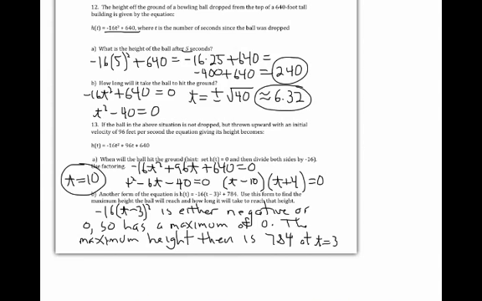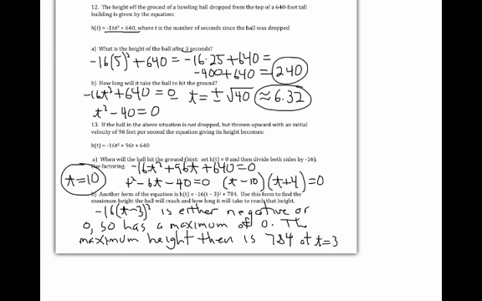Okay, how long will it take the ball to hit the ground? Well, now what we need to do is set the height equal to 0, and then solve. The first thing we do after we've done that is we divide both sides by negative 16, because that's a common factor from negative 16t squared and 640, and we divide 0 by negative 16, which leaves it still 0, and we get t squared minus 40.